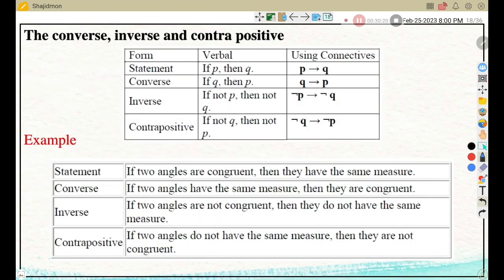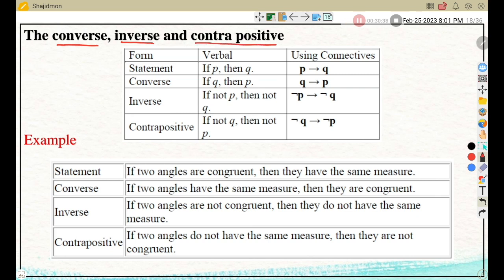Now let me go to another point before coming to the next operation: converse, inverse and contrapositive. This is a very important idea. What is the meaning of converse, inverse, and contrapositive?